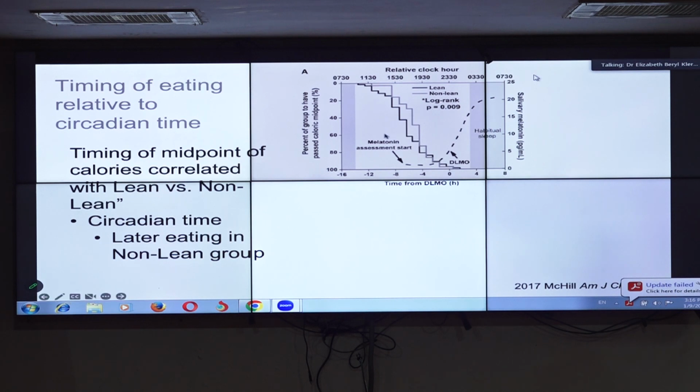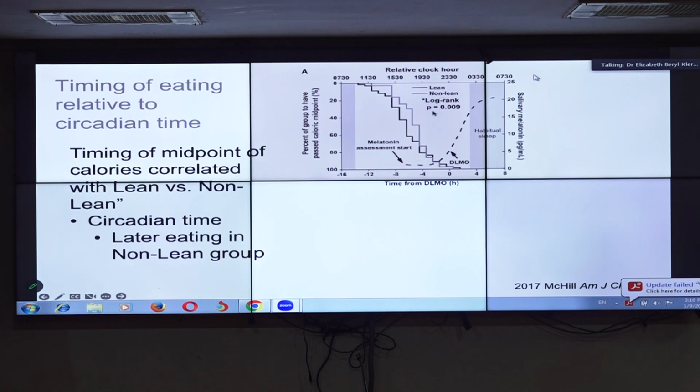So for this particular study, once again, DLMO is a marker of circadian phase, and it's a marker of when melatonin starts to rise. And if we look at the time of eating relative to DLMO, in other words, do they eat earlier, the dark line, which is lean people, or do they eat later, which is the non-lean people?